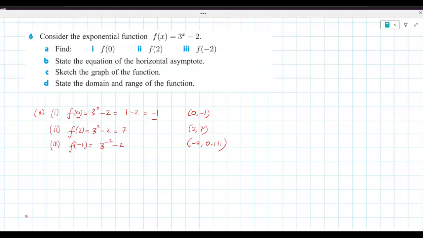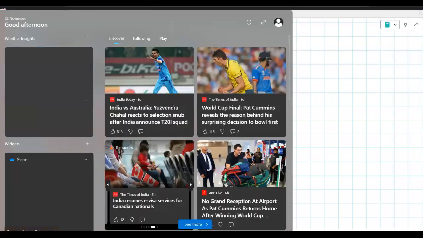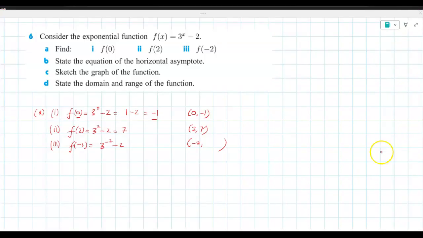You didn't do the minus. So minus 1.89. So the point is (-2, -1.89).